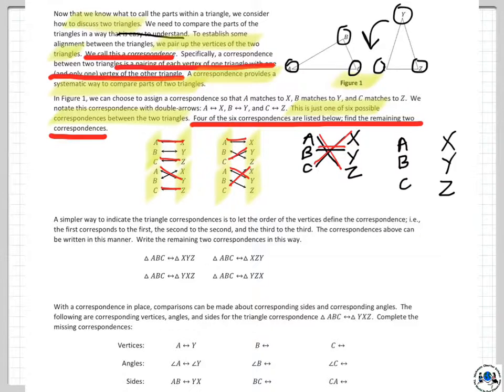Next scenario would have been that way. So you had A again with Z, B with X, C with Y. All right, so these are all different correspondences. For example, if we took that last one we did here, A matches Z, and then B and X match, and then C and Y match.